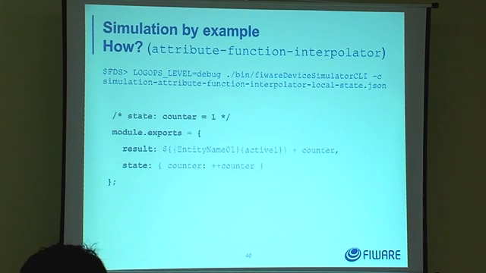In this case, for example, what we are getting is the active1 attribute of the entity name O1 entity incremented by 1 depending on the execution of the interpolator. It will basically be incremented by 1.